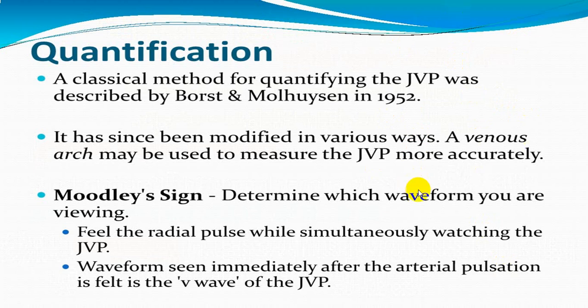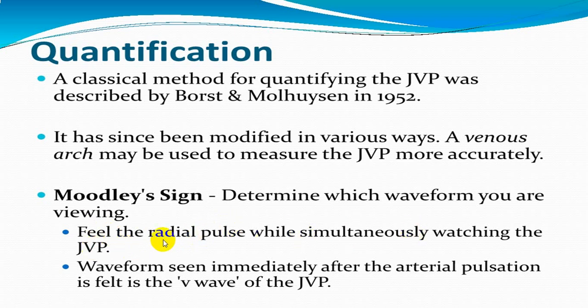Now there are other ways of quantifying, meaning you want to identify indirectly. One is called Moodley's sign, which determines the wave you are viewing. What you do, you feel for the radial pulse and simultaneously watch for JVP.